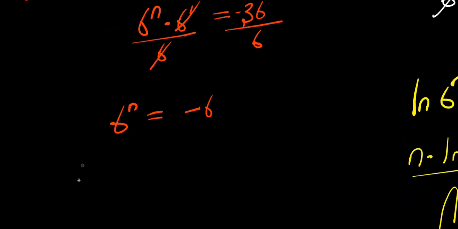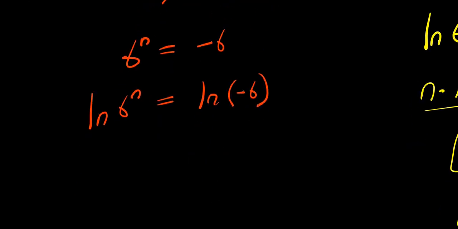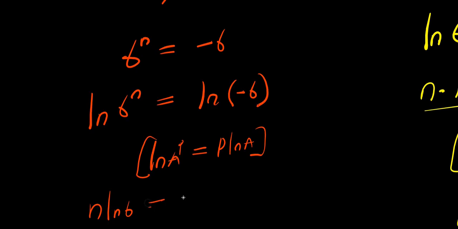I make use of natural log. Natural log of 6 power n equals natural log of negative 6. And if you have natural log of a power b equals b times natural log of a, so this will be n times natural log of 6 equals natural log of negative 6, which is simply negative 1 times 6.